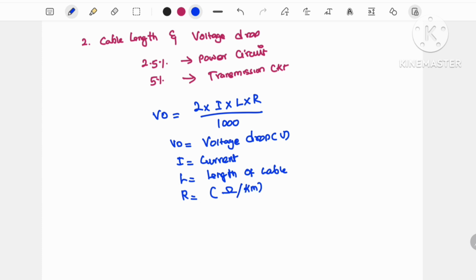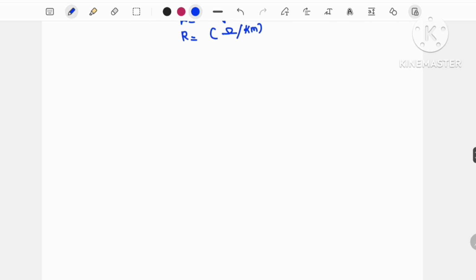So third one, we are going to calculate the suitable cable size.